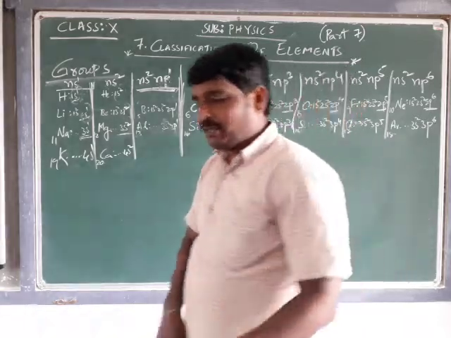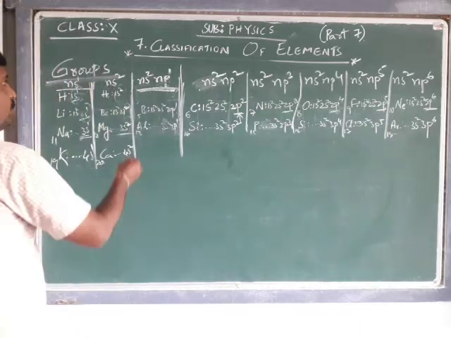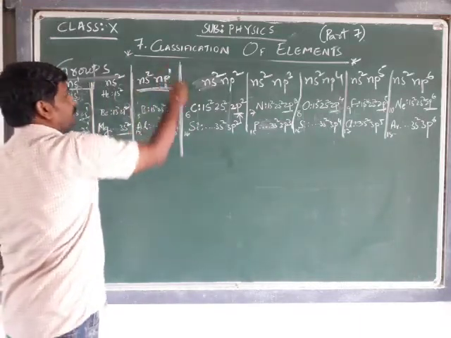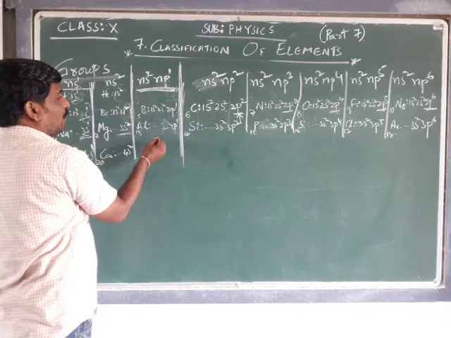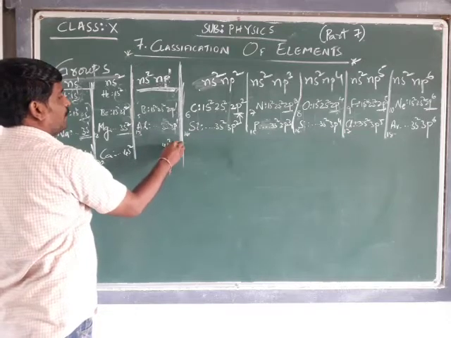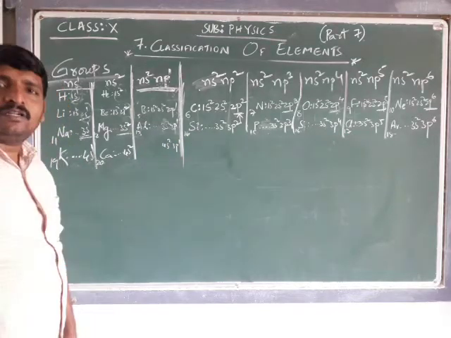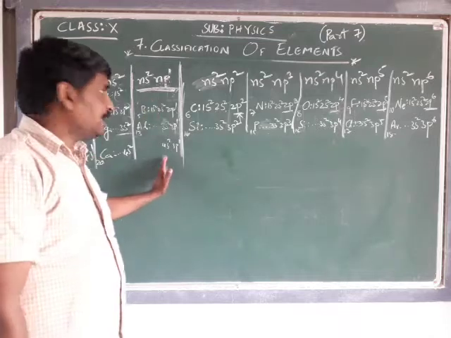Okay, now the third group. Whenever you talk about the third group, that is ns2 np1, for example 4s2, 4p1. All 4s2, 4p1 should come here.